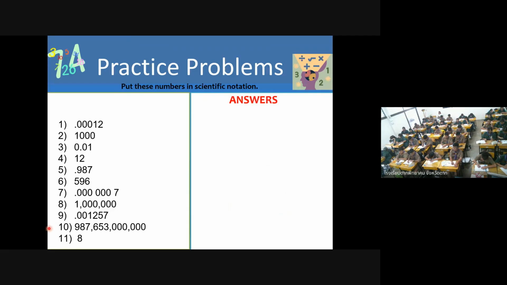Everyone, 0.1 is equal to 0.1, okay? It's the same thing.